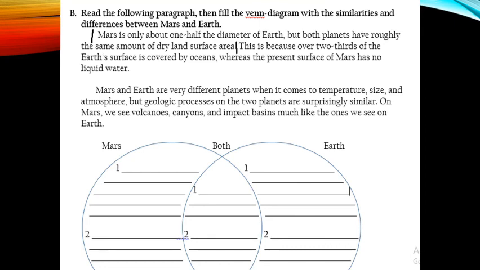But both planets have roughly the same amount of dry land. You see this word both, it shows similarity. So I have to mention here in the similarities that they both have roughly the same amount of dry land, so same amount of dry land surface. Simply, this is the similarity. And the first difference was the size between Mars and Earth.